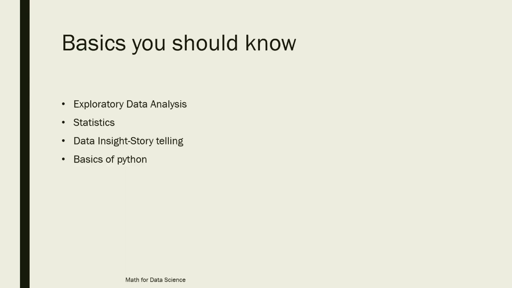The basics you should know are exploratory data analysis, stats, data insight, storytelling, and the basics of Python. You should know the definitions of these and how they are done, because firstly you have to see the data, conceptually understand it, and only then move on to the algo. You cannot blindly apply any algo.